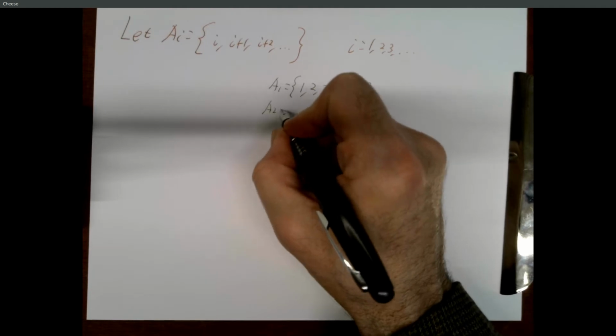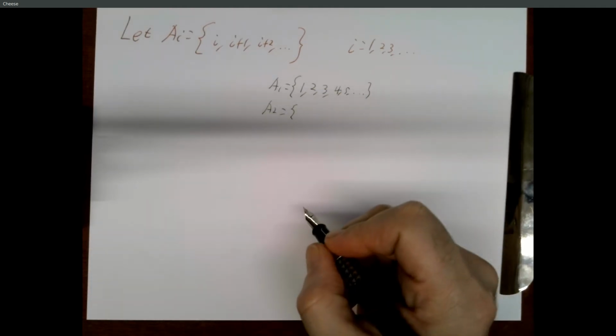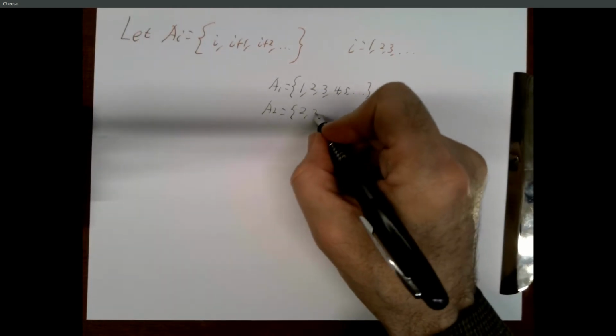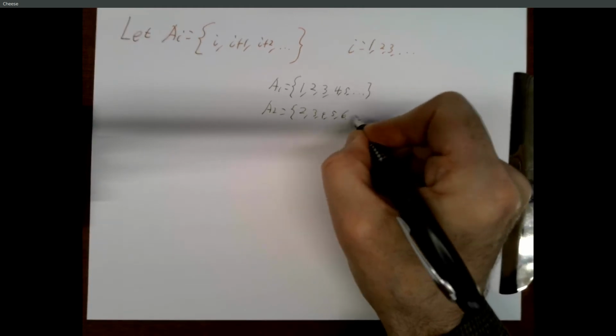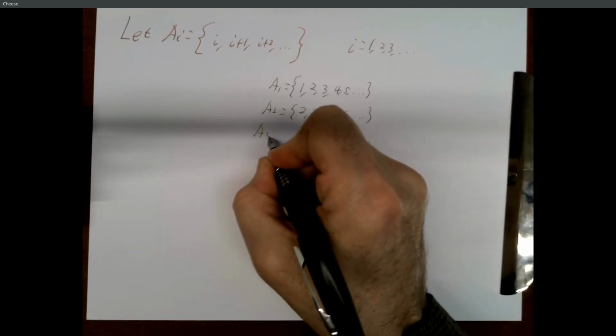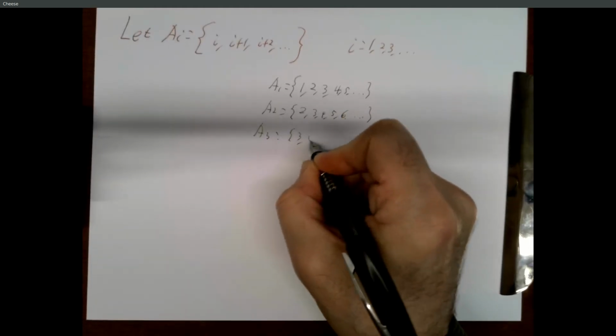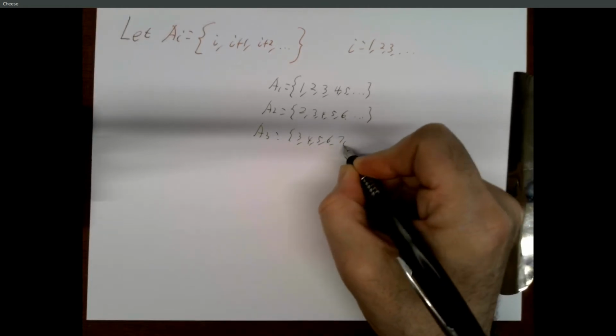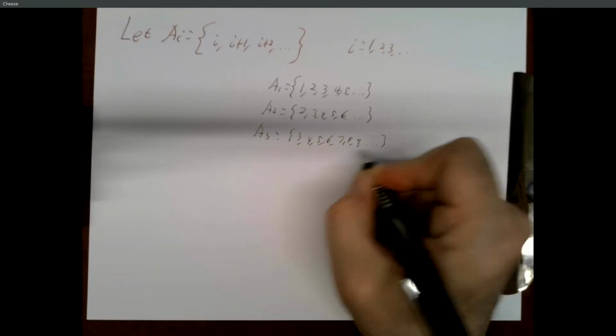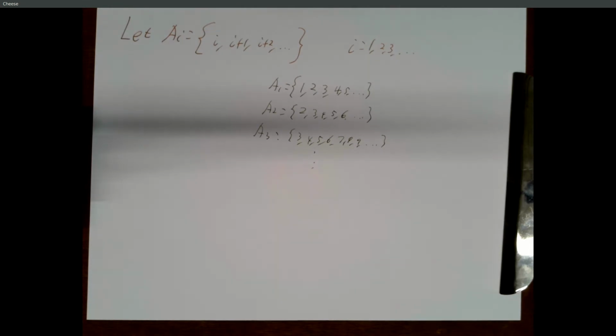What does the set A2 look like? It's 2, 3, 4, 5, 6, and so on. Okay, so we have an intuitive idea what set A sub i is. It's all the integers starting from i and going on up.